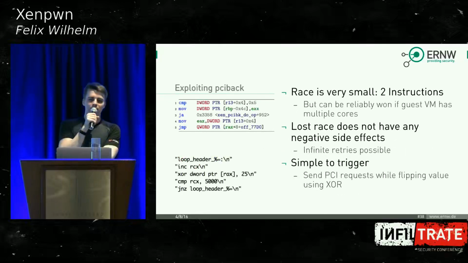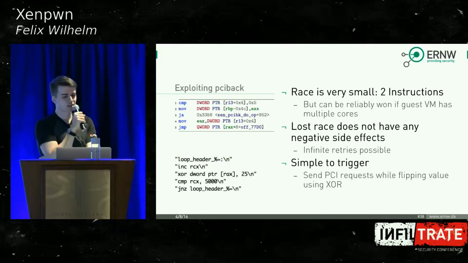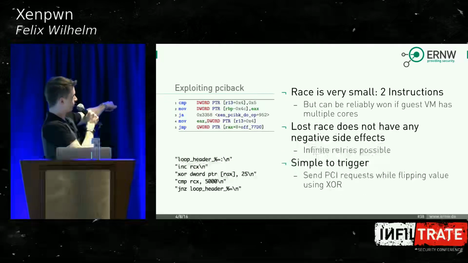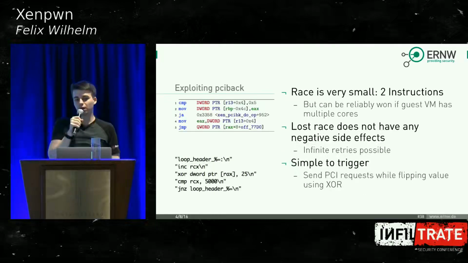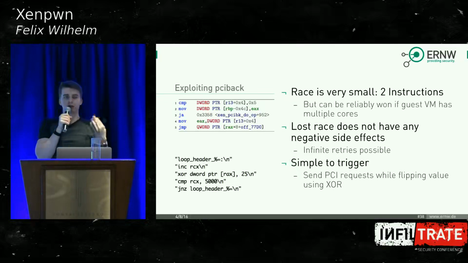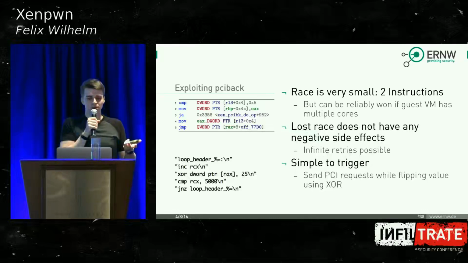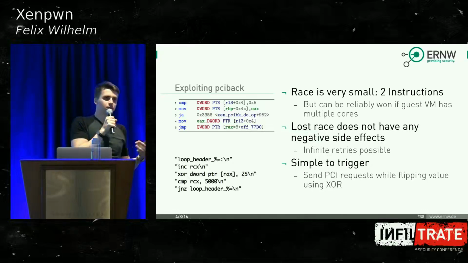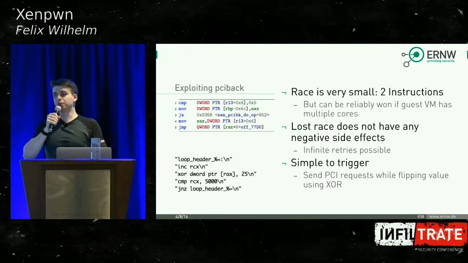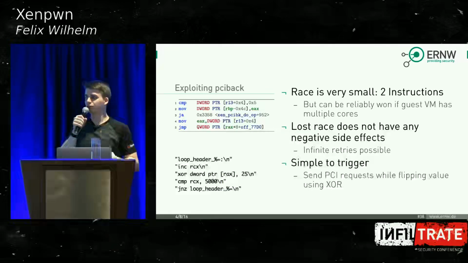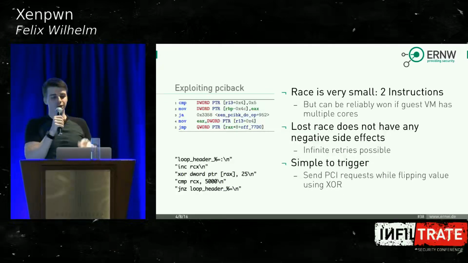So how to exploit this? It turns out the race is really small, just these two instructions: this move instruction and this conditional jump instruction. But if you have a guest virtual machine that has more than one core, it can be trivially won. And the good thing is, if you lose the race, it will simply jump into the default case, so you have infinite retries to win the race.